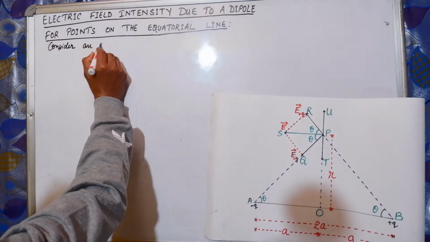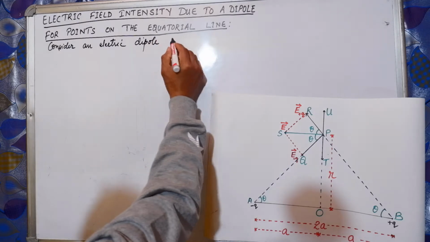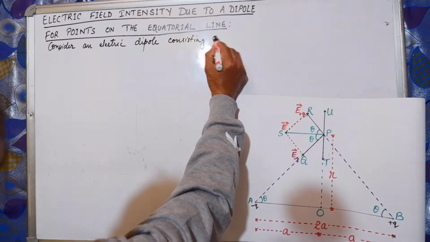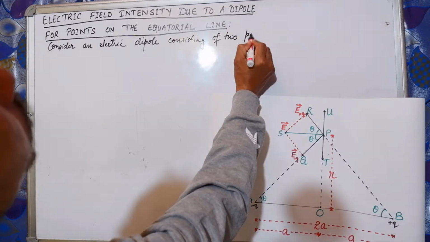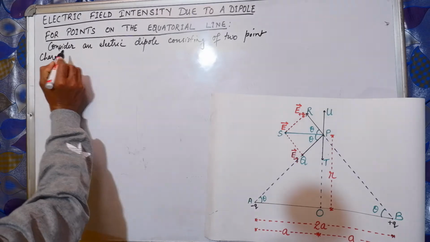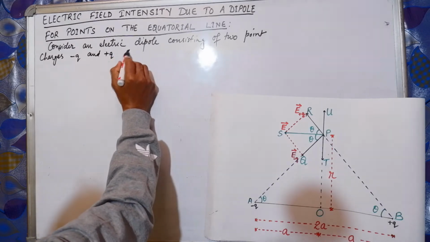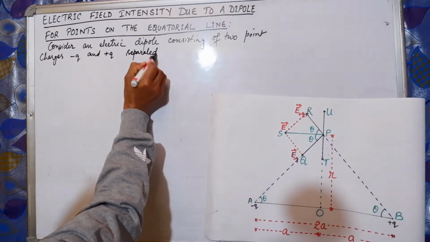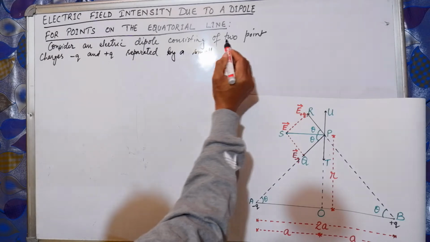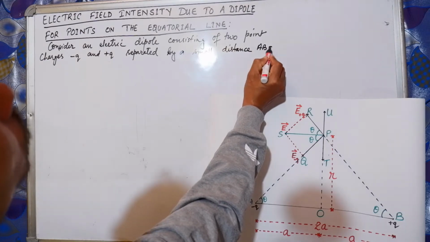Now consider an electric dipole consisting of two point charges, let us say minus q and plus q, separated by a small distance, let us say AB, which is equal to 2a.